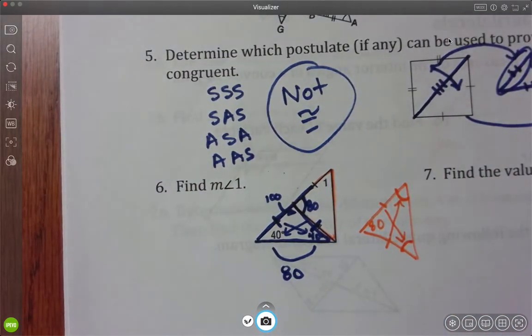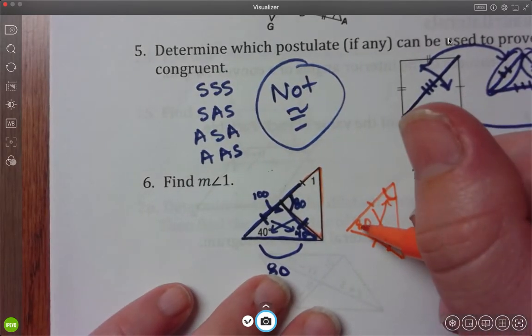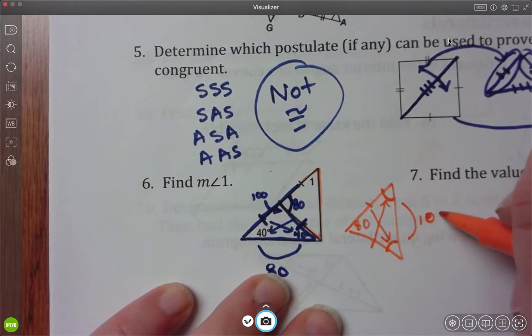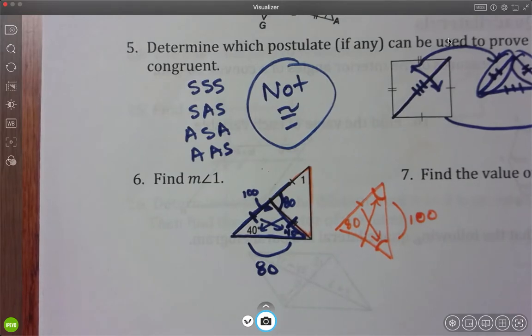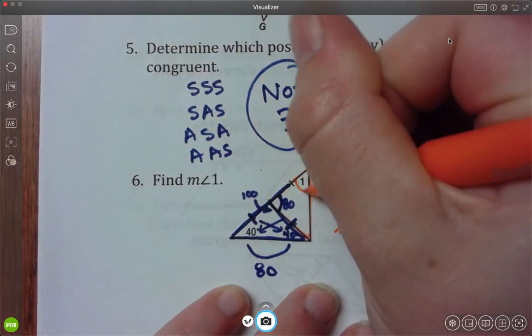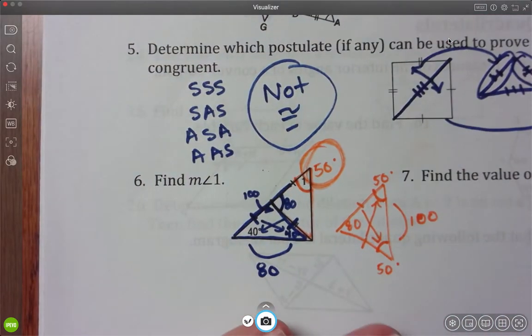But all three of them have to add up to be 180, right? So if this is already 80 degrees, then these two will have to add up to be 100 degrees. But since I know that they're the same, each of them will have to be 50. So this angle up top here is going to be 50 degrees. That's what angle 1 is.